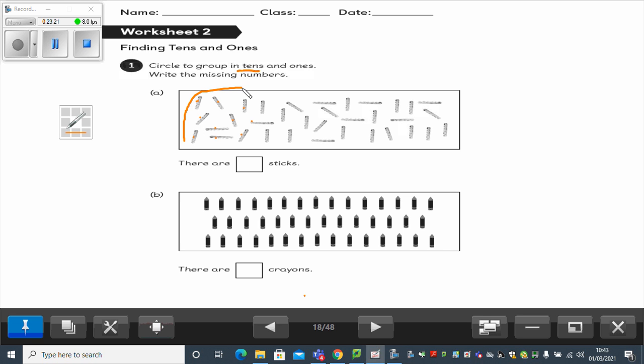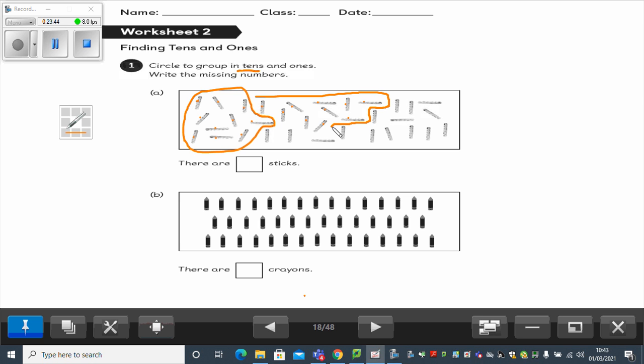So let's group our first 10 and then carry on. 1, 2, 3, 4, 5, 6, 7, 8, 9, 10. That's our next group of 10.